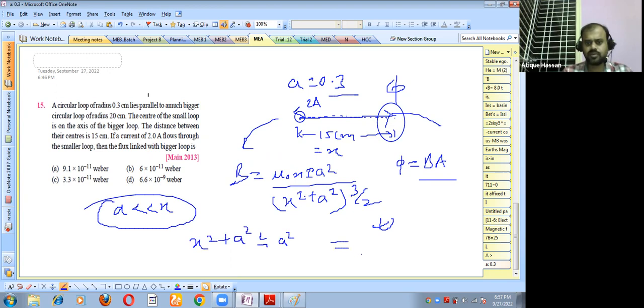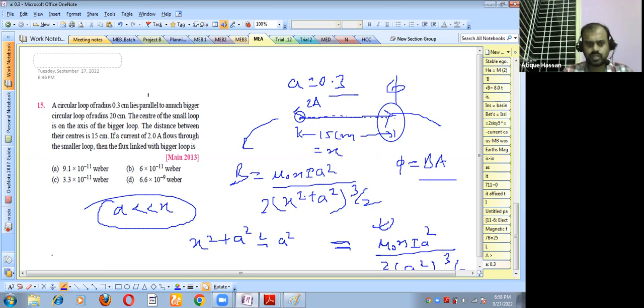So the magnetic field will be almost equal to mu naught N i A square divided by 2 X cube, which gives mu naught N i A square upon 2X cube.